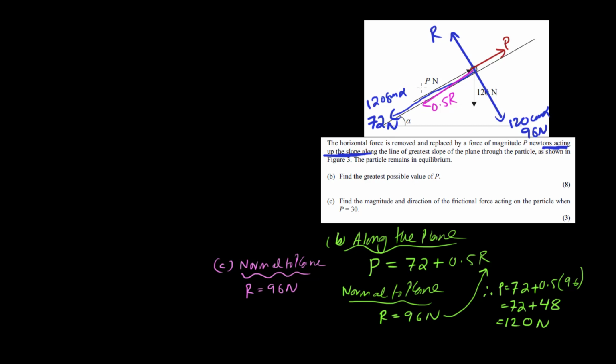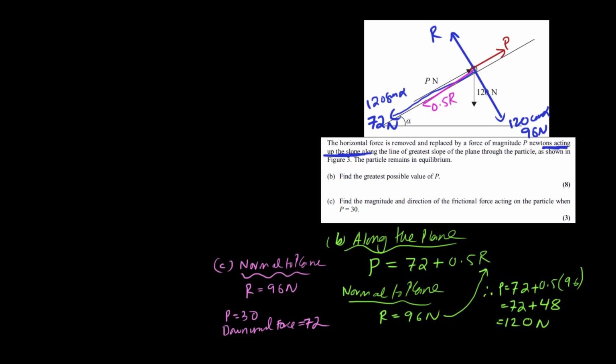Now what's going to happen to the frictional force? If we calculate the frictional force, whether this is going to be in equilibrium or not, we don't know. So let's see what would happen if P equals 30 and we have a downward force. 120 sin alpha is 72.